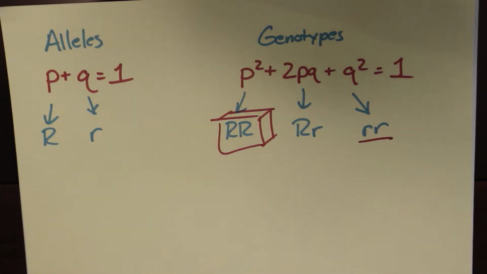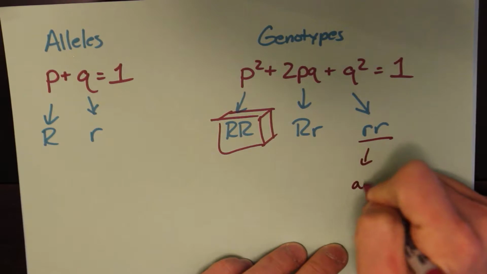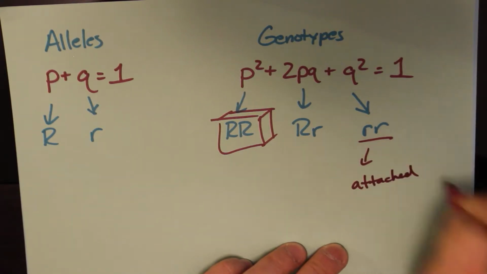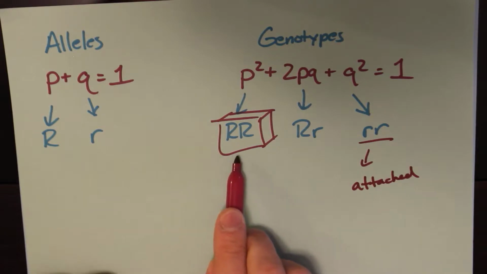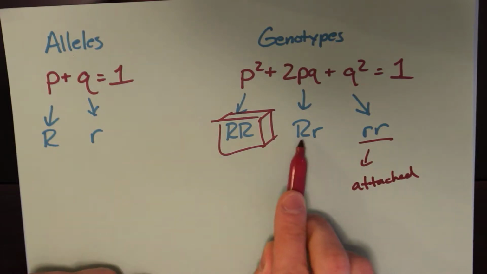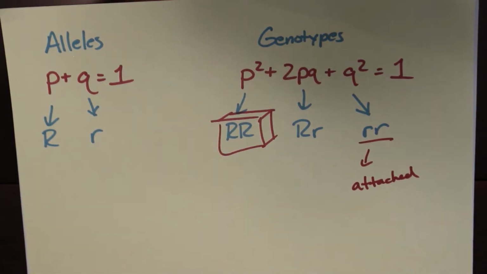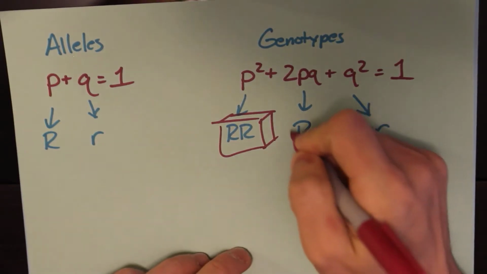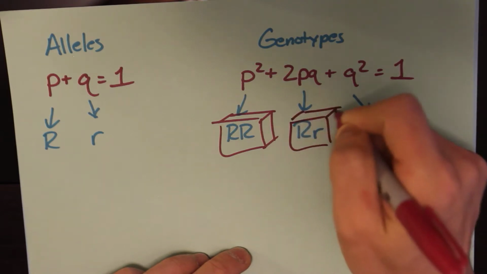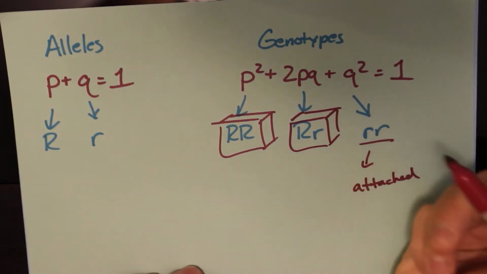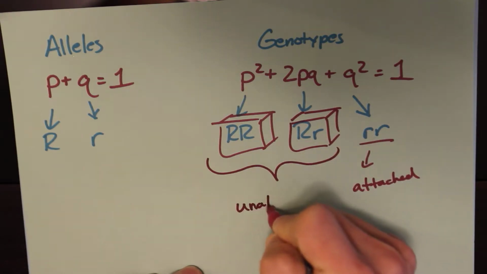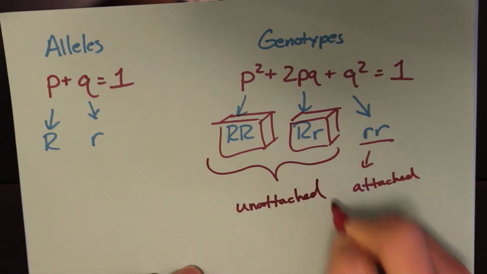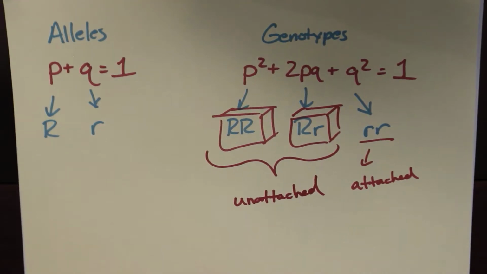So we know that this one here is going to be attached, right? So we know that's attached. We know this is unattached. Big R, little r. This is where the loophole comes in, or the trick, I guess you could say. Big R, little r is also going to be unattached, right? So both of these together is our unattached phenotypes. Alright? So let's use that.